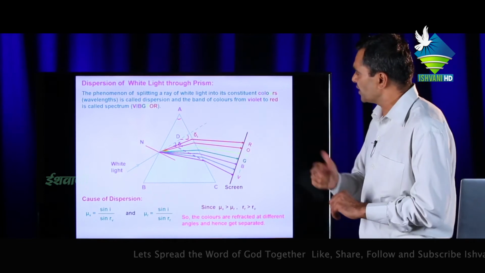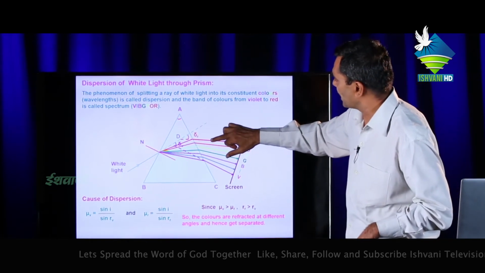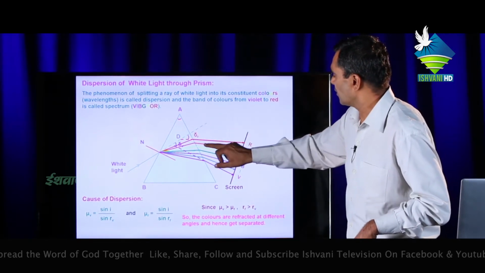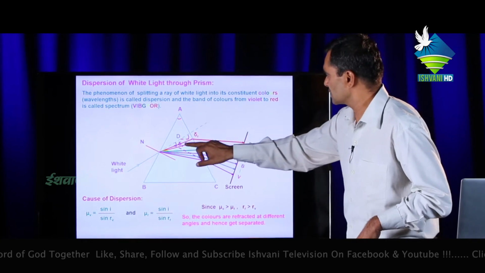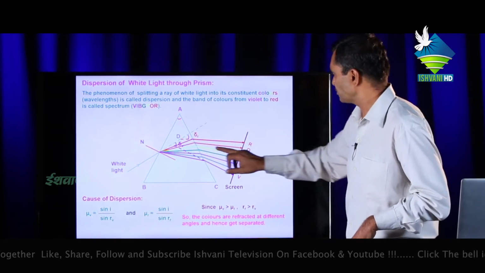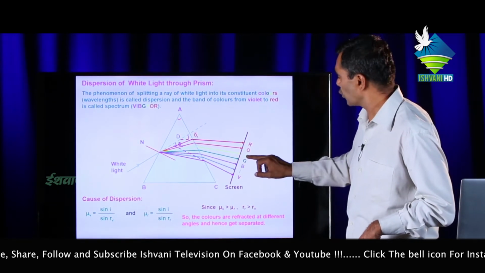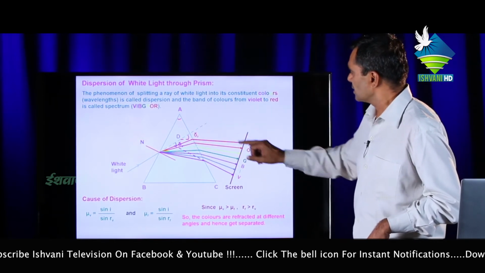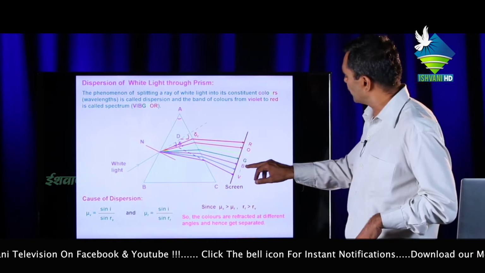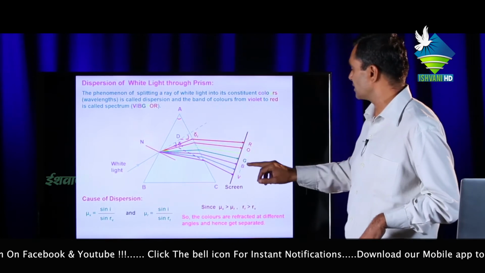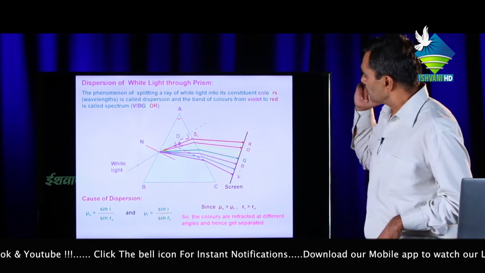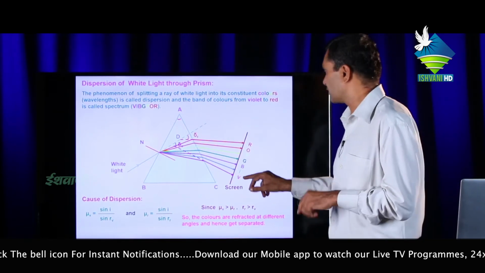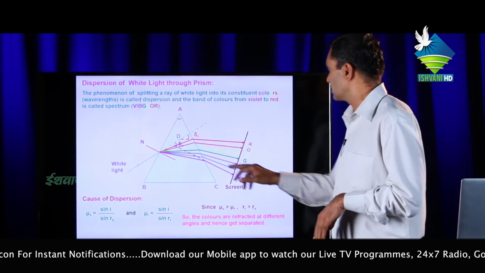Then the deviation of the red light from this position is represented by delta R. The deviation of orange light is represented by delta O. The deviation of yellow light from this ray is represented by delta Y. The deviation of green is represented by delta G. Deviation of blue is called delta B. Deviation of indigo is delta I, and deviation of violet from this light ray is called delta V.